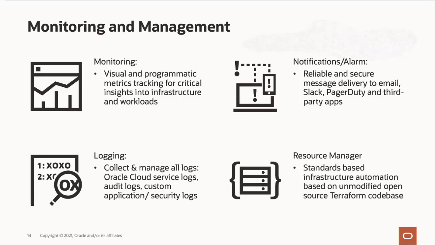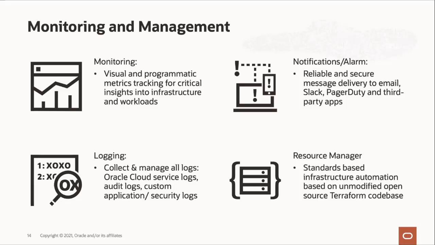Yeah, and I could just add something in for logging. When you navigate to that section within the OCI console, you'll see the option to either create a custom log, or you can create service logs. The service logs are really easy to enable on an existing service.